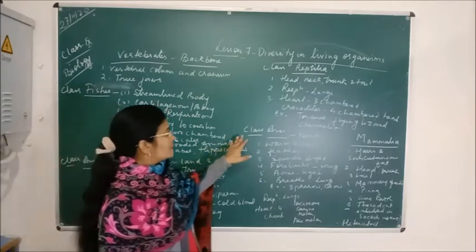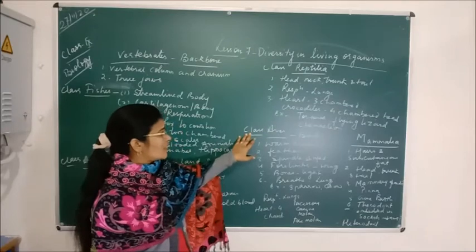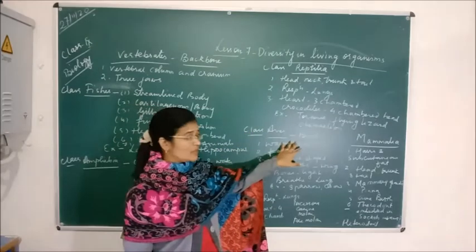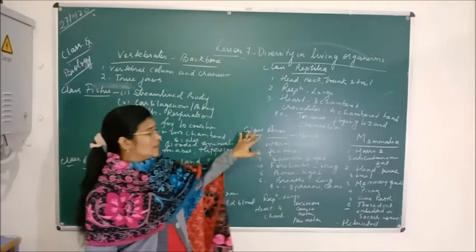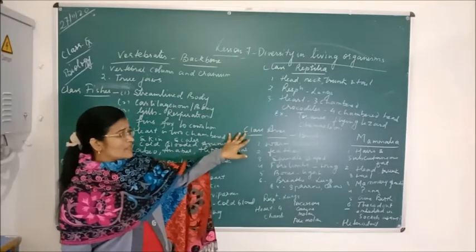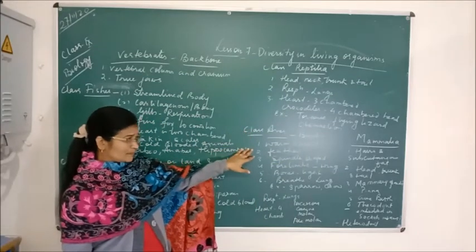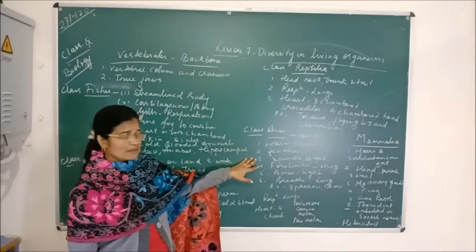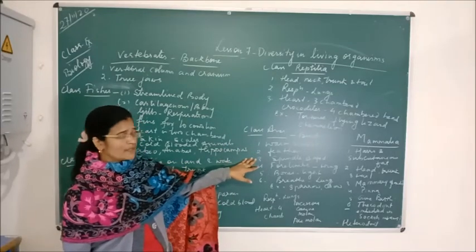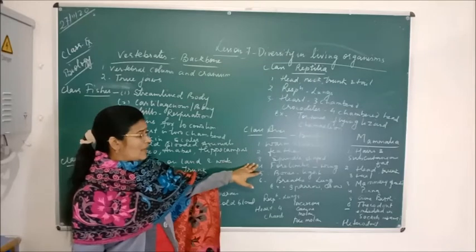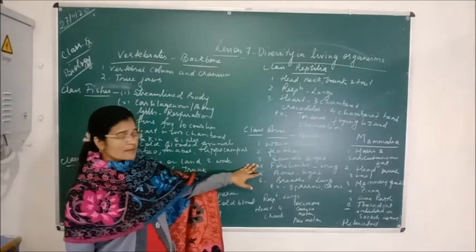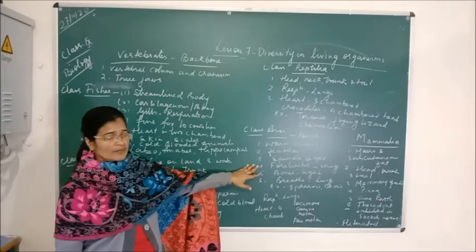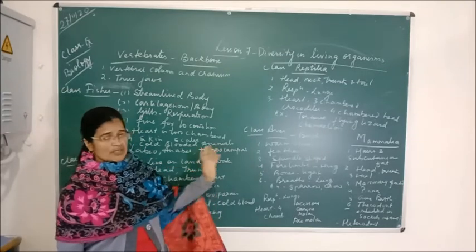Now next we can take the characteristics of the class aves. Aves means all birds. Birds are warm-blooded animals. They have feathers outside which protect them from cold, and their body is spindle shaped, meaning they also have a streamlined body just like the fish.